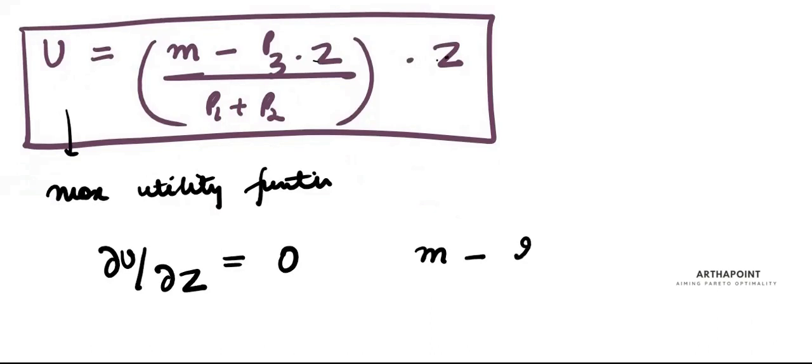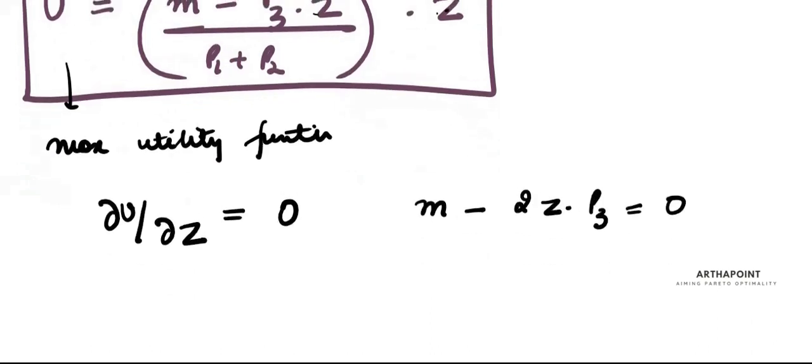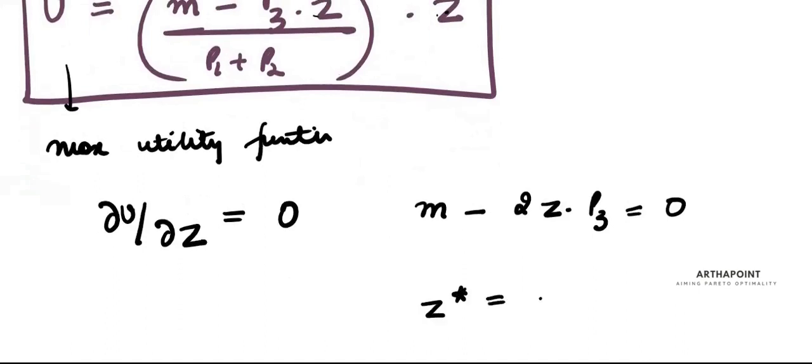So its differentiation will be 2Z into P3 equal to 0. So from here you will get Z star is equal to M by 2 P3.